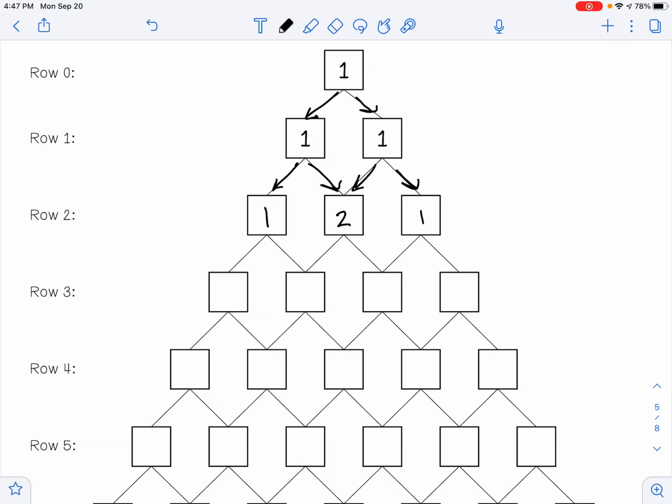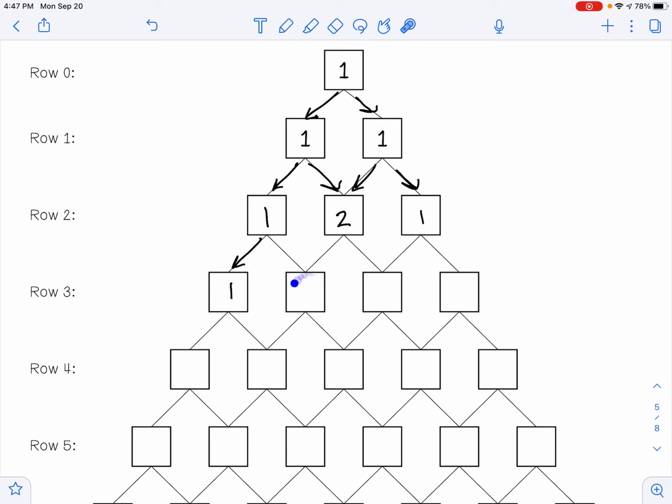Now, if we keep going with this pattern, there is only one way to get to this box, right? That one way would be go here, here, then here, right? I can't go this way to get over there because we're not going sideways. We can only follow these paths.